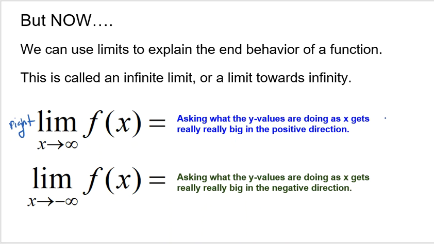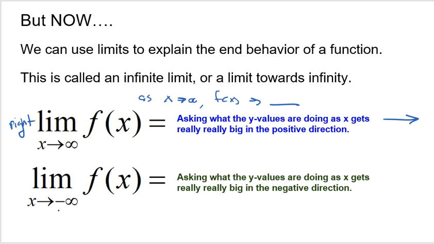As we look further and further to the right towards infinity, what is the limit of our function? This is literally no different than using that notation. As x goes towards infinity, the function is going towards what? This is exactly the same thing. We're just using a limit to write it nicer.